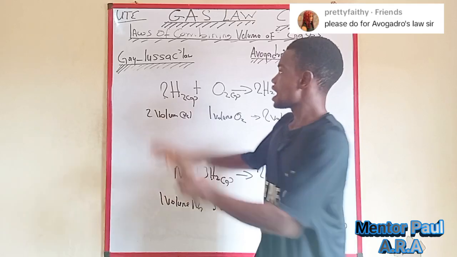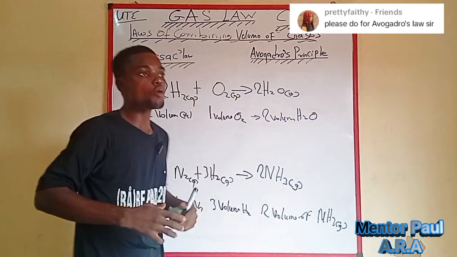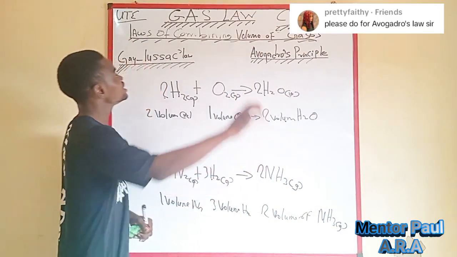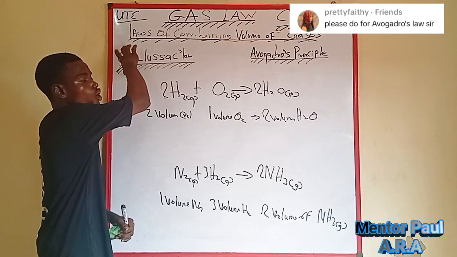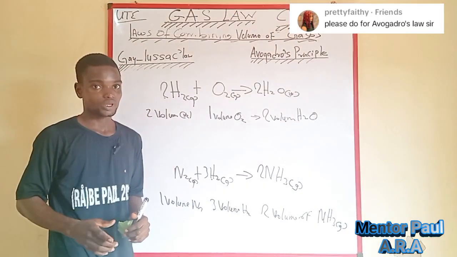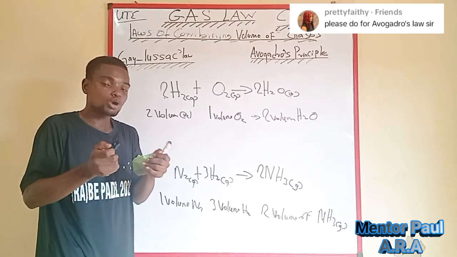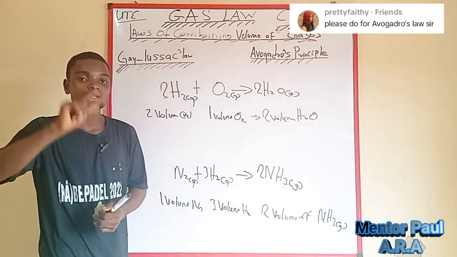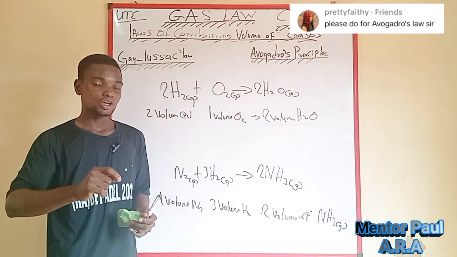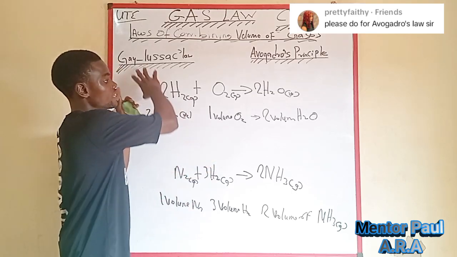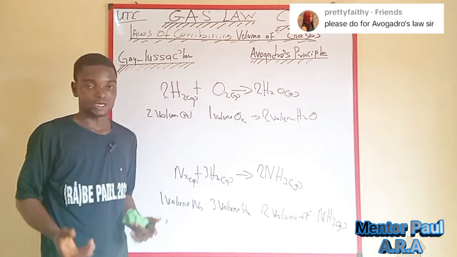Now, there is a problem with this Gay-Lussac law. This law is very important, but because he did not relate Dalton's theory to his gaseous reaction, there is some drawback in his law, because we cannot use the kinetic energy of gas to explain his theory.